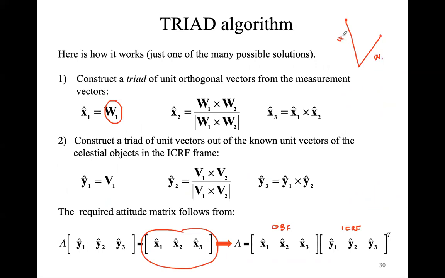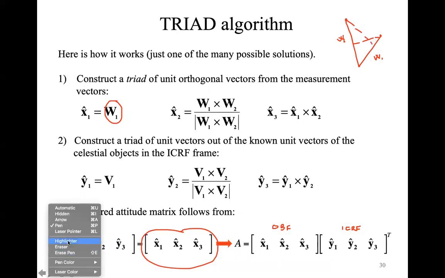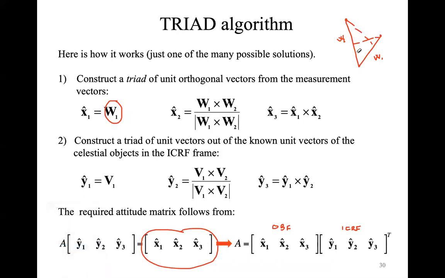So what happens here is that this component of information, or actually it is the opposite, because we are doing the cross product of W1 and W2.